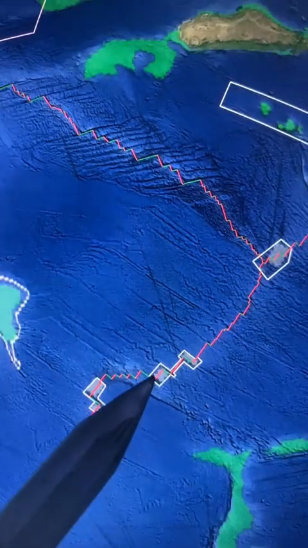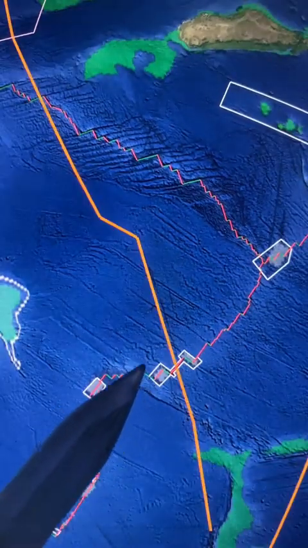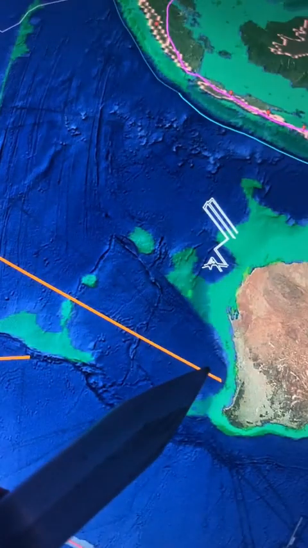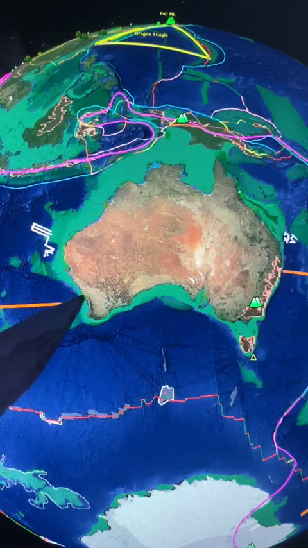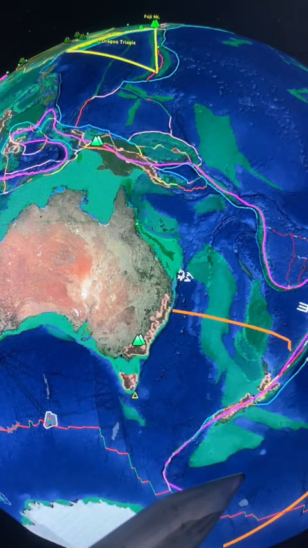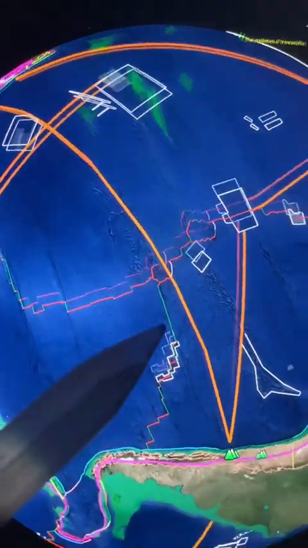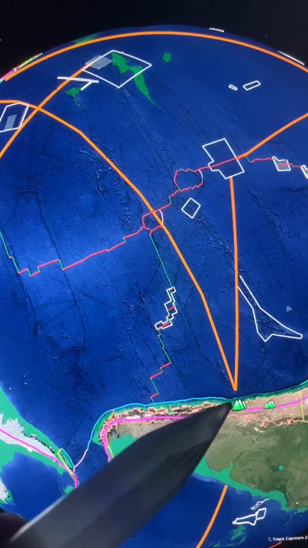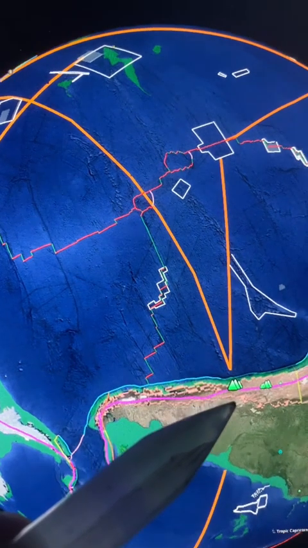How the subway continues all the way to Australia. And it enters Australia on the west side, and on the east side it continues totally back again to South America.